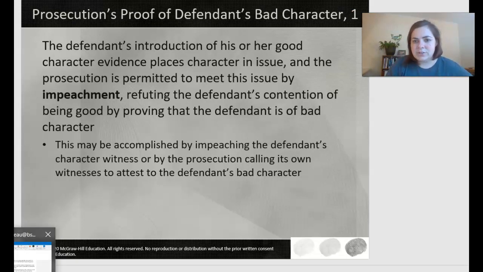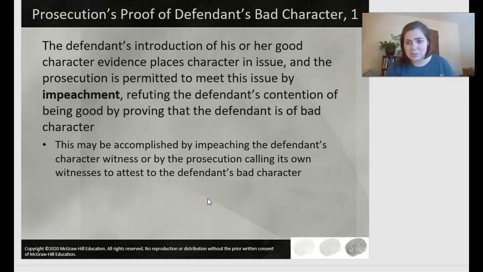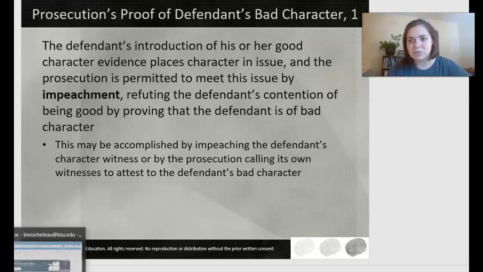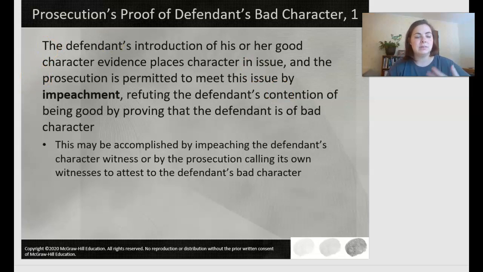If the defendant introduces their good character, the prosecutor can impeach this by introducing evidence of their bad character. So this does open the door to the possibility that the prosecutor can provide witnesses that say, well, that's not true. My experience is this person is not a good person.